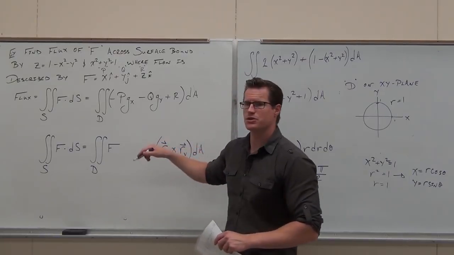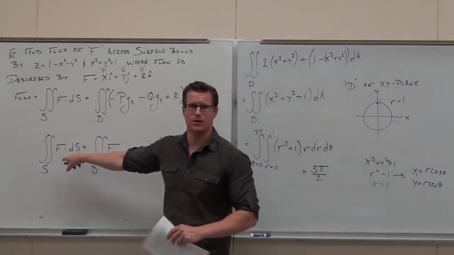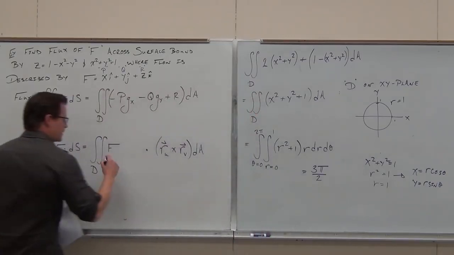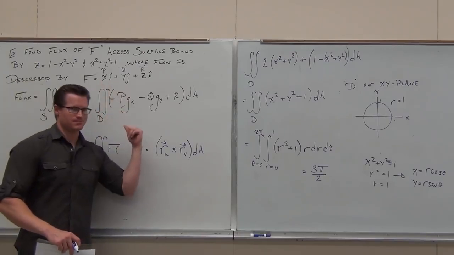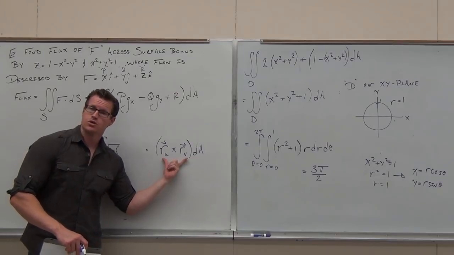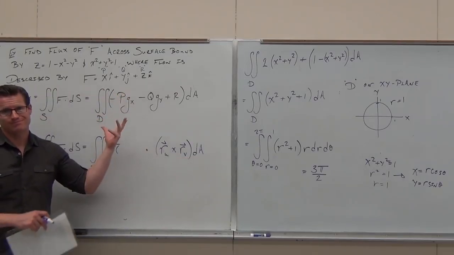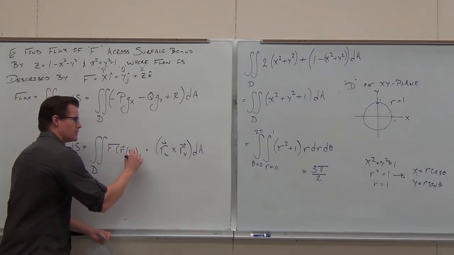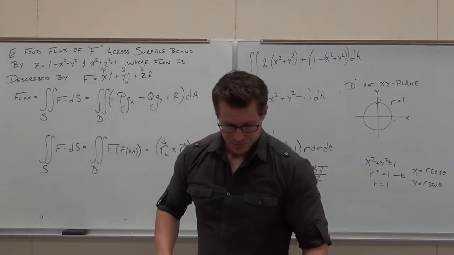You do not take a magnitude. Otherwise, the dot product would not make sense here. You have to have the dot product, you guys get what I'm saying. Don't take the magnitude, so it's a little bit easier. But then this vector field, if your vector field is in terms of x, y, z, and you have this parametric surface in terms of u's and v's, could you use this parametric surface to redefine your vector field? Then this would have to be defined as whatever the parametric surface is defined as.